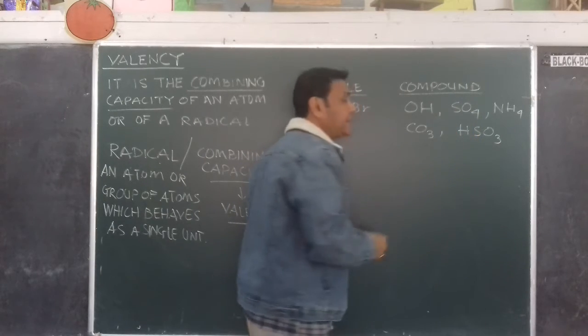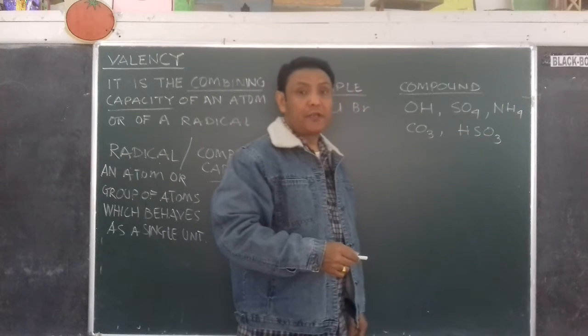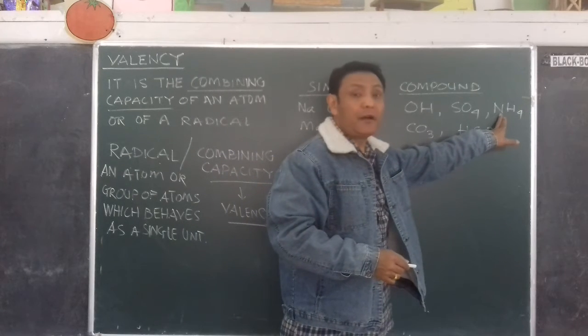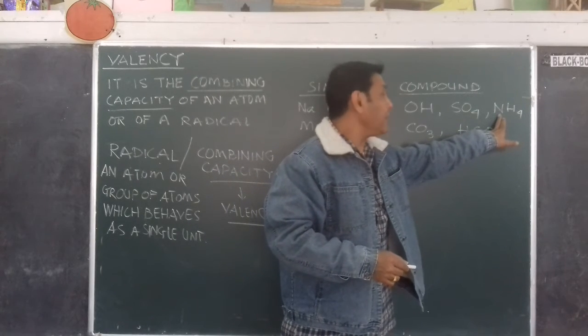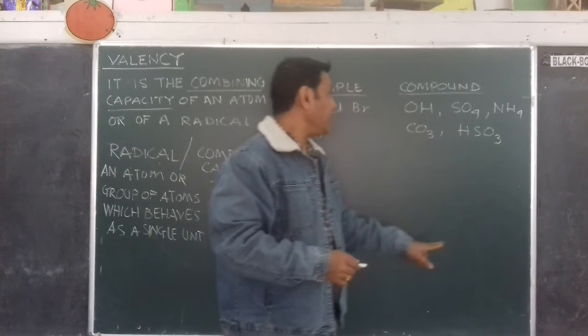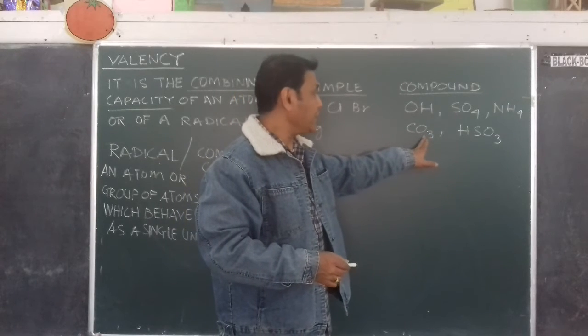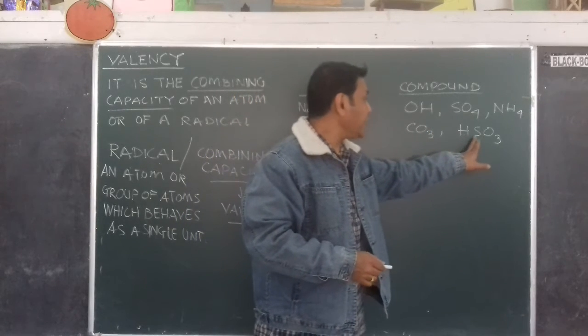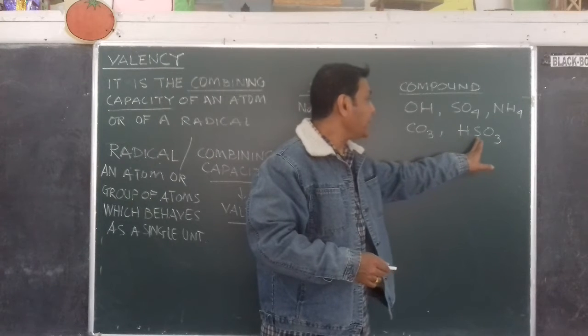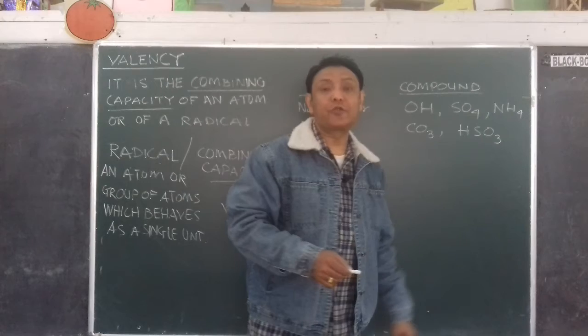Similarly, sulfate, SO4, made up of sulfur and oxygen. Similarly, we have ammonium, made up of two elements, nitrogen and hydrogen. Carbonate, CO3, made up of carbon and oxygen. Bisulfite, HSO3, made up of three elements: hydrogen, sulfur and oxygen, and so on.